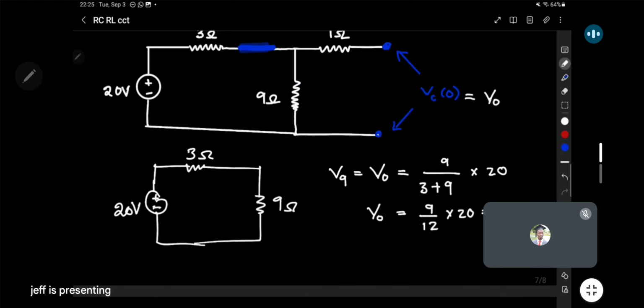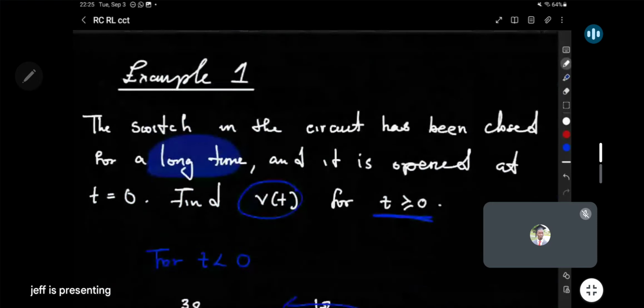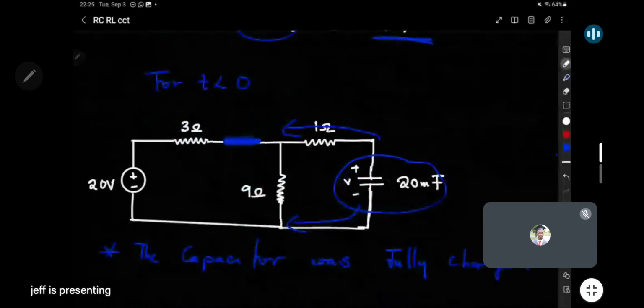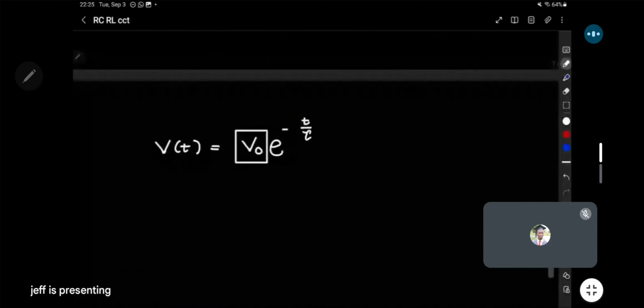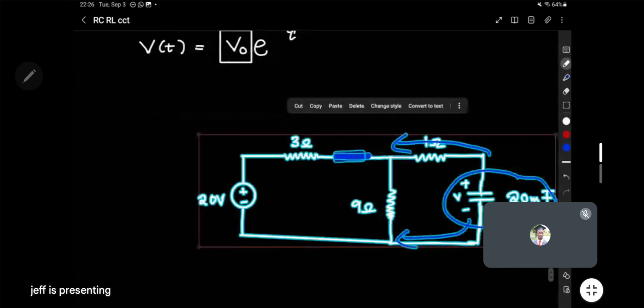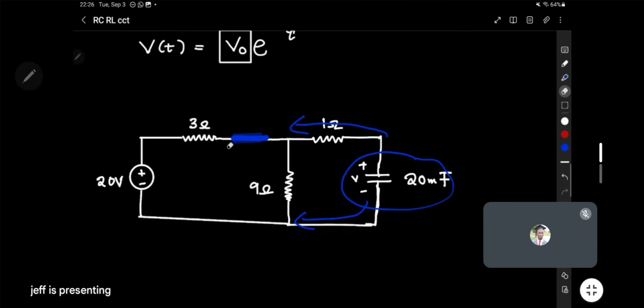Okay, what else? The capacitor was fully charged. The circuit was opened at t equals 0. What changed when the circuit was opened? Let's see. When the circuit was opened, now we have this opening here. What happens to our circuit?